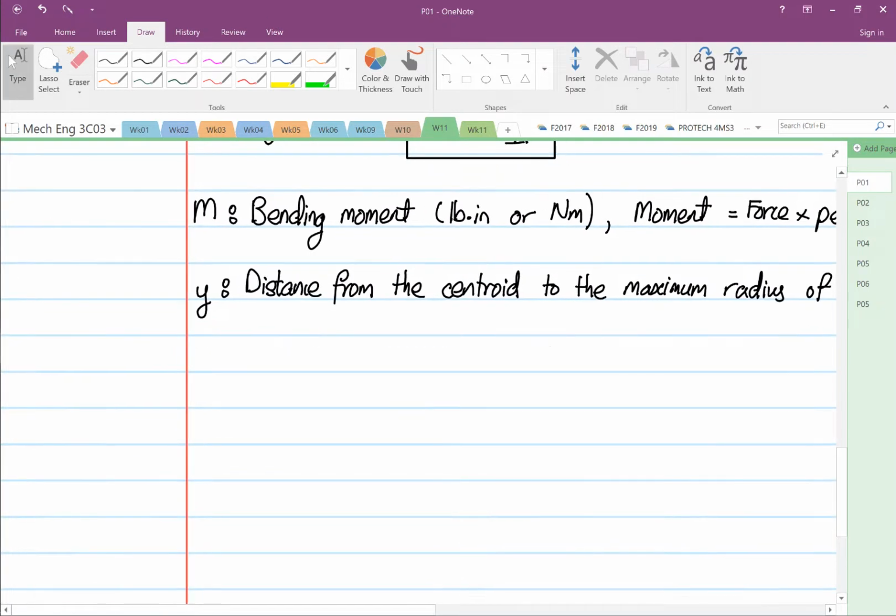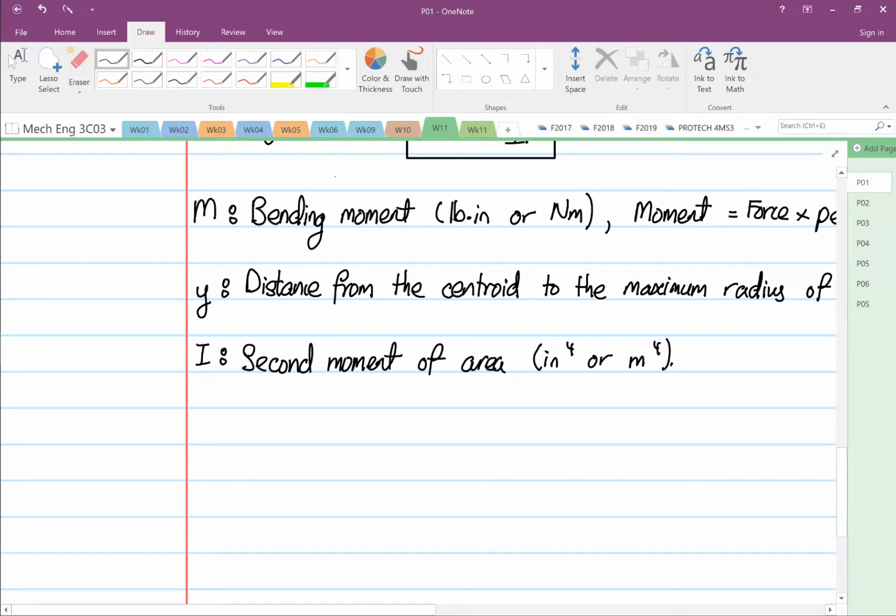Then I corresponds to the second moment of area, and the unit is inches to the power 4 or meter to the power 4.